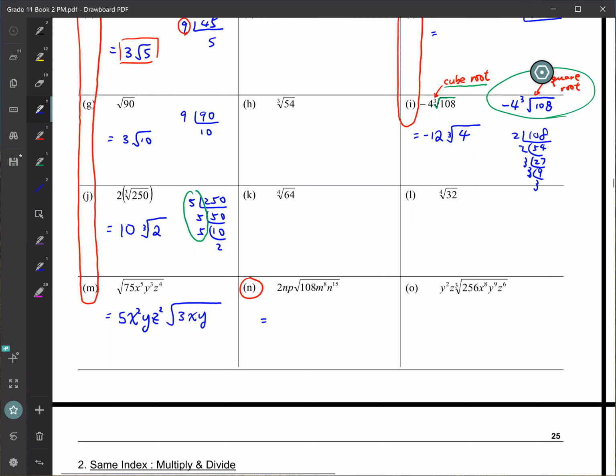Okay, and Selena, can you try question N? Like, do I have to factor the 108? Yeah, 108. You got to figure out what can go out from 108. 2, and then 54, and then 2. 27.